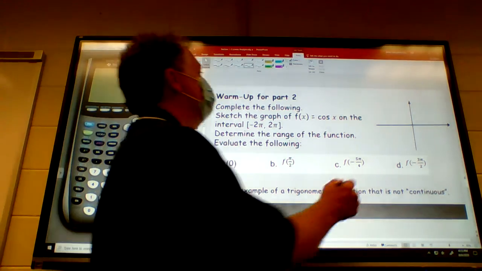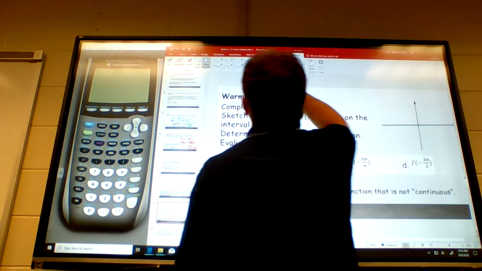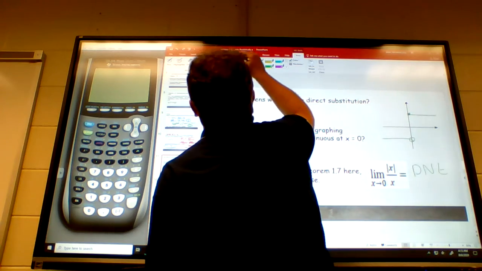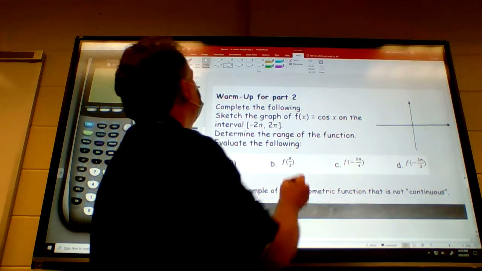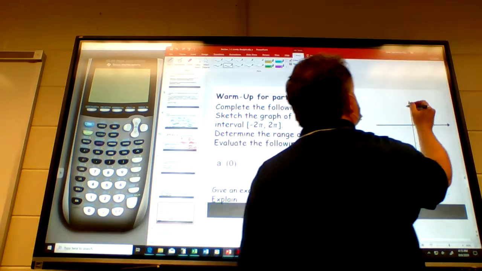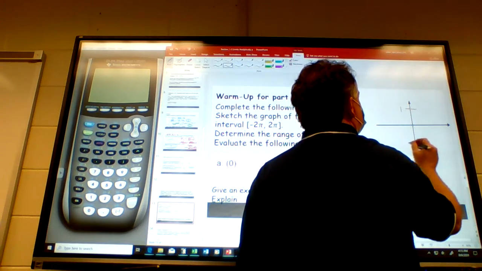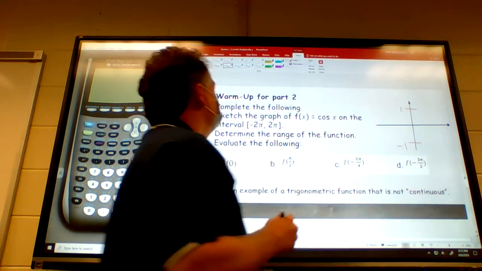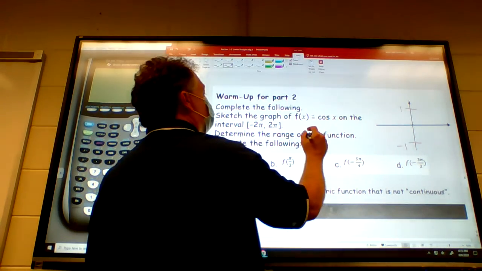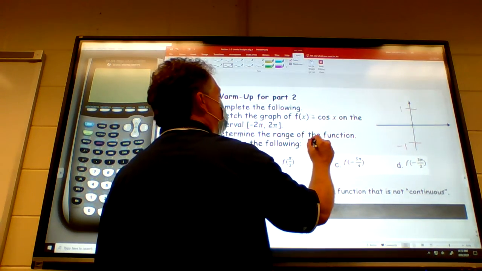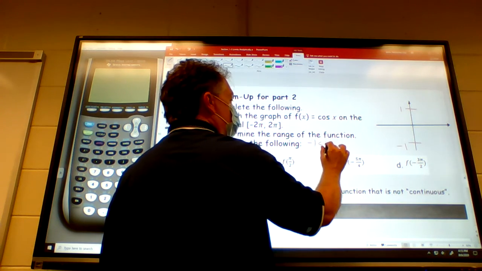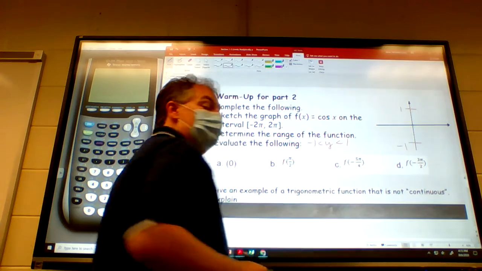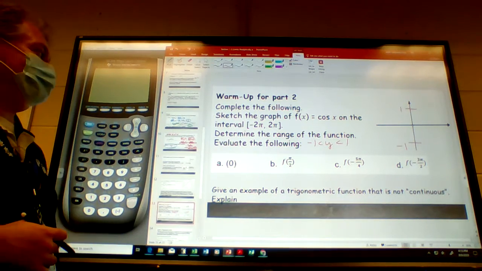The range, remember, goes from as high as 1 to as low as -1. So the range is from -1 to 1. And there are multiple ways of writing this. That's just how I usually write it.